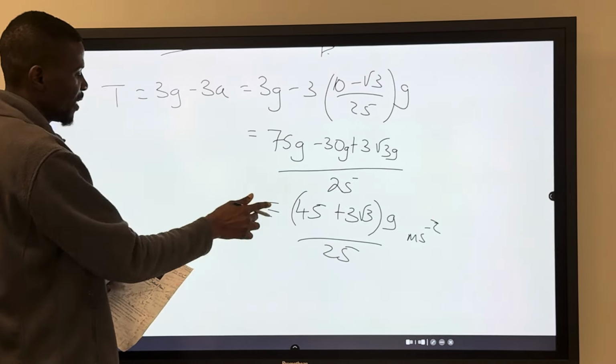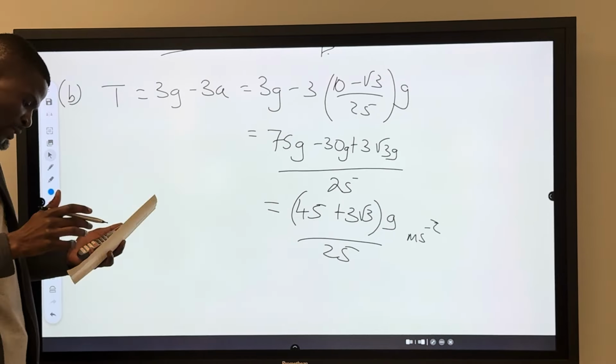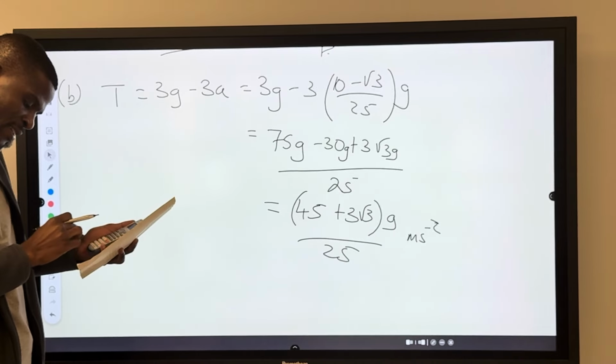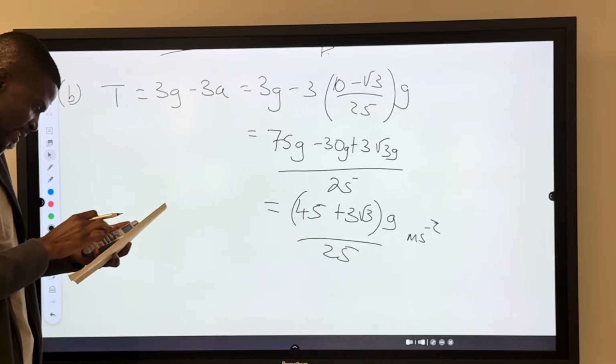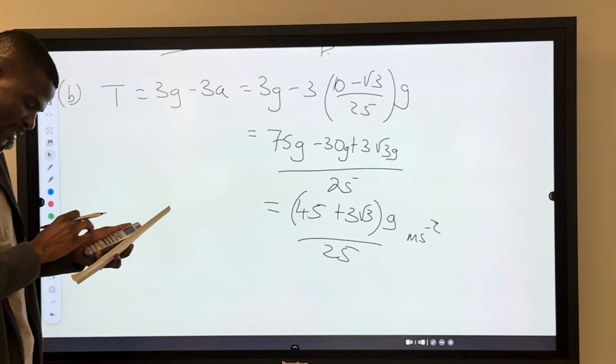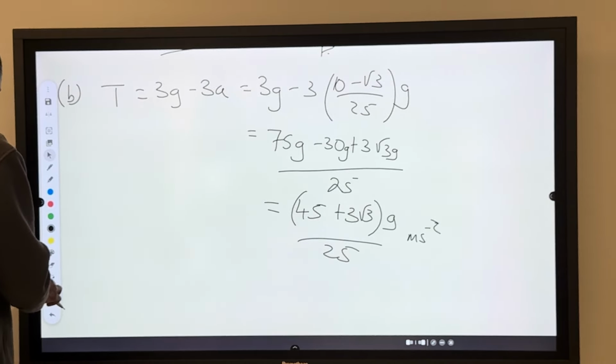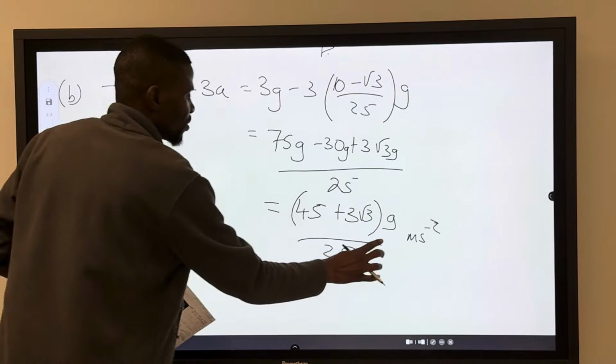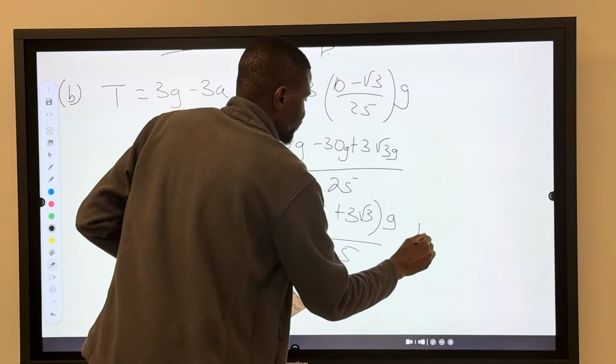So you can either leave it like this, or let's find the tension, which should be in newtons, right?